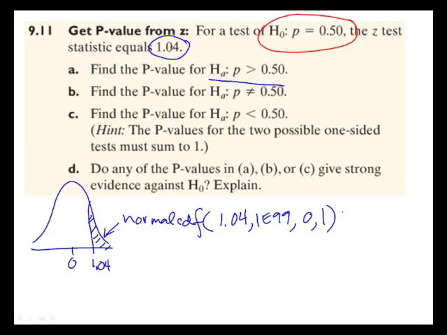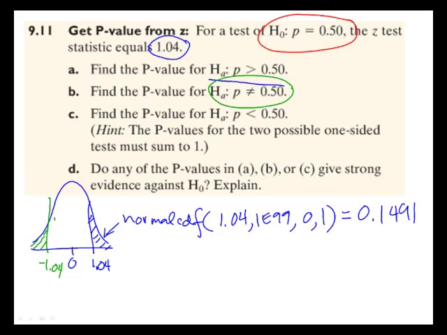Okay, and what will that give you? 0.1491. Okay. And then we're asked not equal to. What will we shade in that case? Everything else. The complete opposite, so you would do negative 1.04, and then shade the right tail.